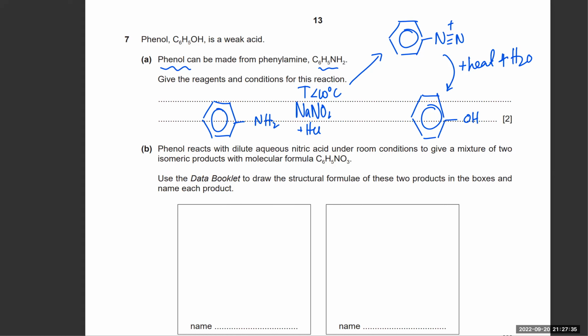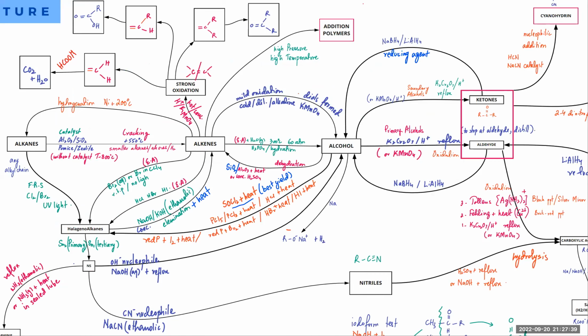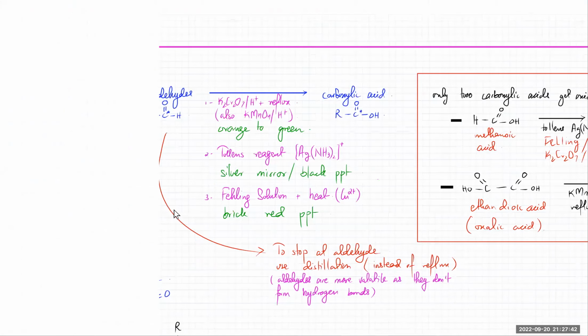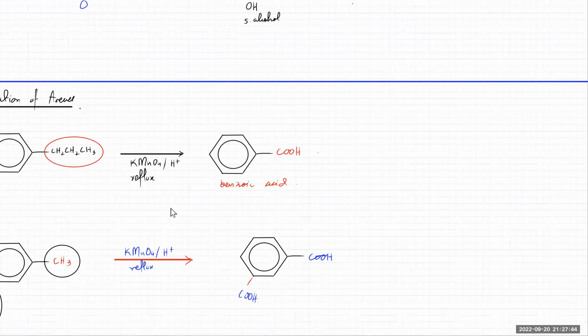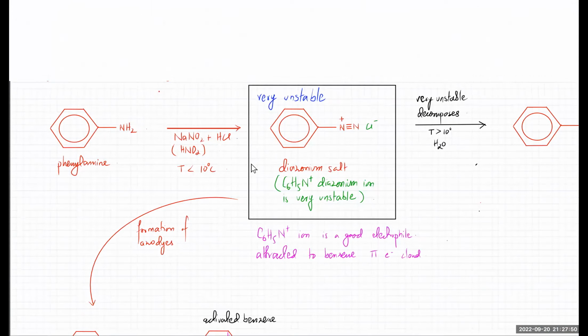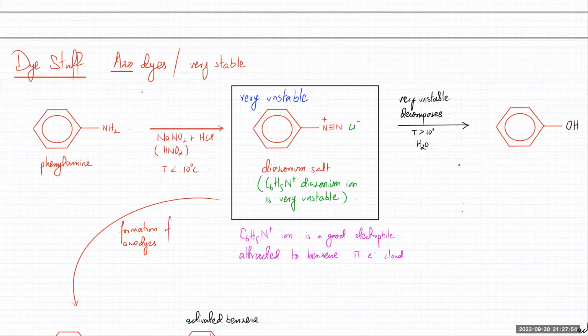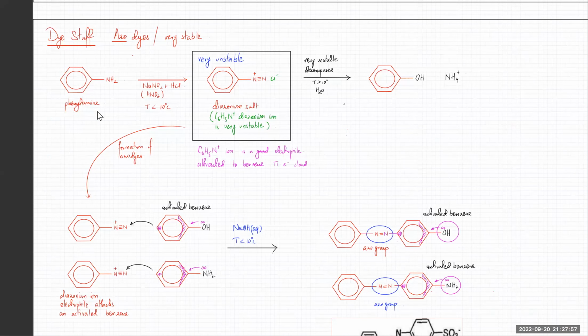And this is this part. If you open the detailed notes, I think in part number 3, right after redox reactions, you did nitrogen compounds, and in nitrogen compounds, we talked about the formation of azo dyes. That a phenylamine could be turned into a diazonium ion.